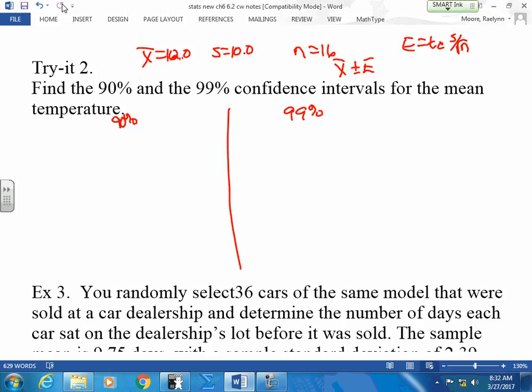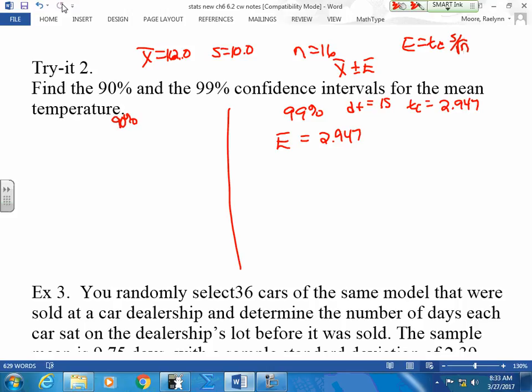All right, Angelique, so tell me what you have. Let's do this. What's your degrees of freedom? Same thing, 15. What's your TC for this guy? 2.947. Everybody got 2.947? Okay.